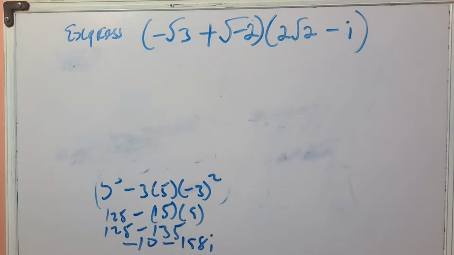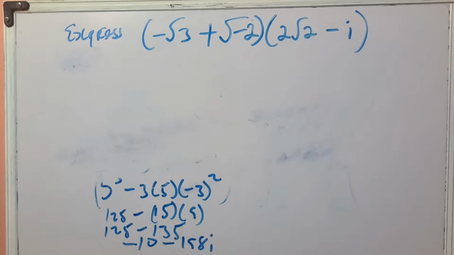You were to express this in the form a plus bi. Please be sure you're paying real attention, because these are questions that I'll be very interested in knowing if you can solve or not.